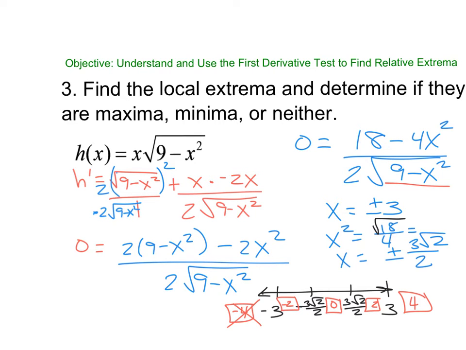So 4 times 4 is 16, so that's a positive on top. And then we're going to have a positive on the bottom. Plug in 0, we get a positive. Plug in 2, we get a positive. So this always works?